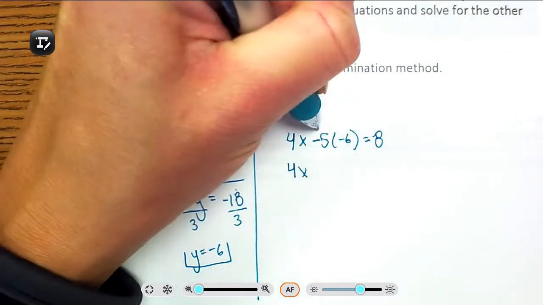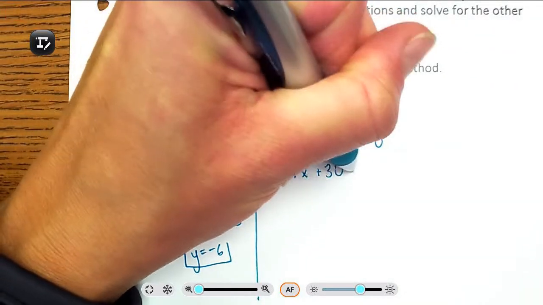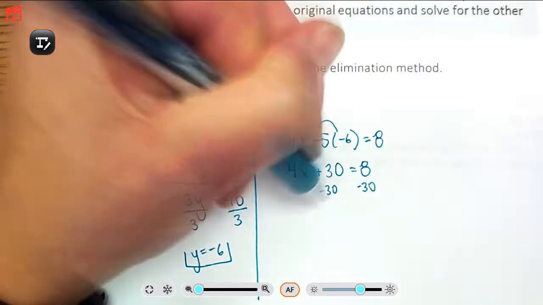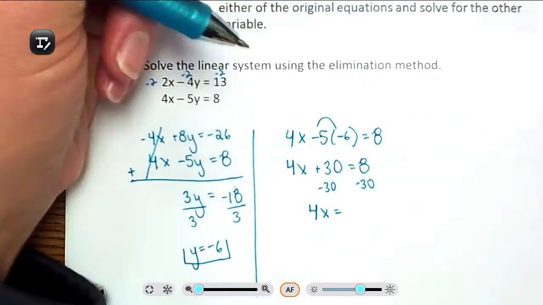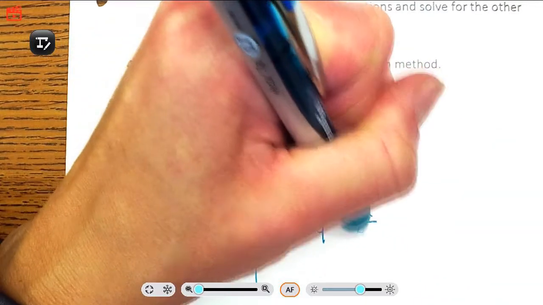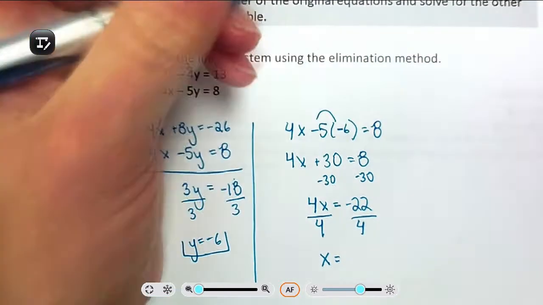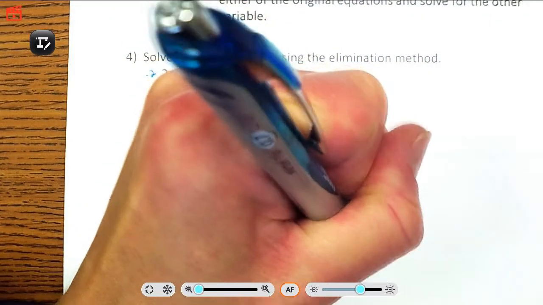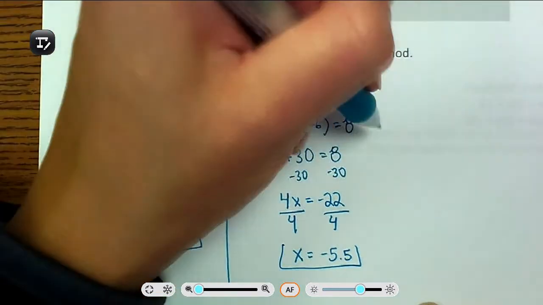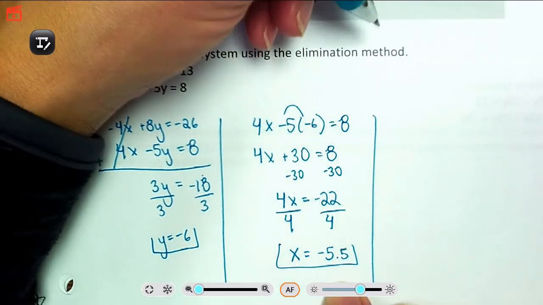So 4x plus 30 equals 8. Take away 30. 4x equals negative 22. Divide by 4. It doesn't go in perfectly evenly, but that's okay. Negative 5.5. Now I just need to do my ordered pair, x, y.